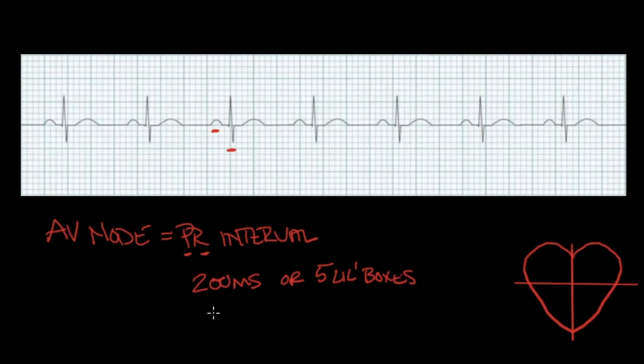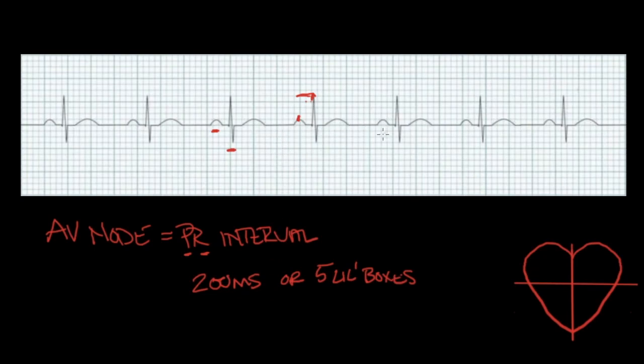We would see this in first degree AV block, for instance. And here, if we measure it out, this is a nice one here. We have our P, our R here, and we can see we have just over 2 little boxes. So we're within normal limits.